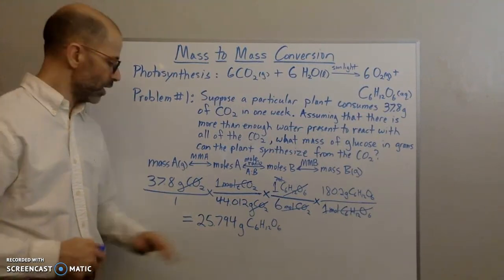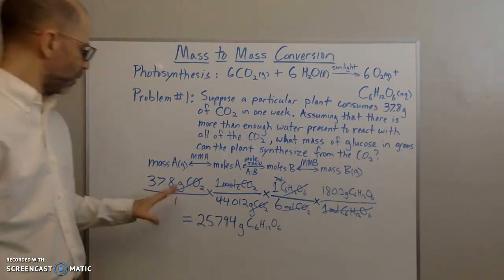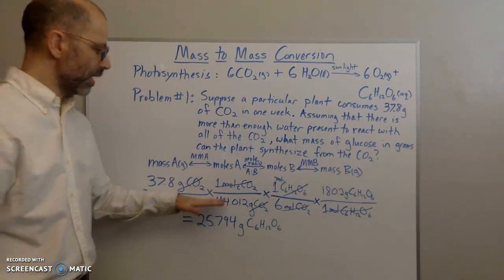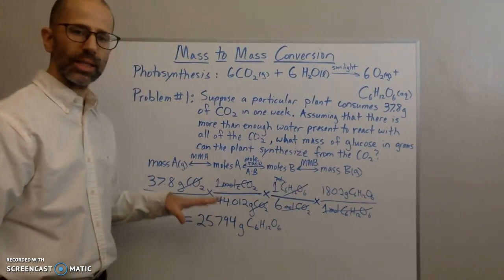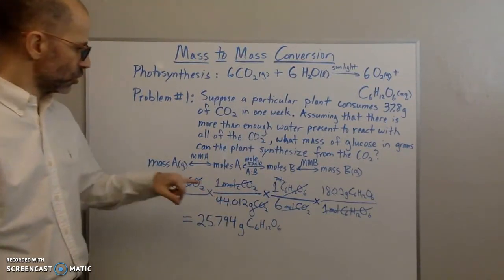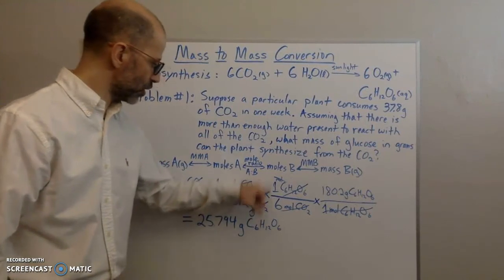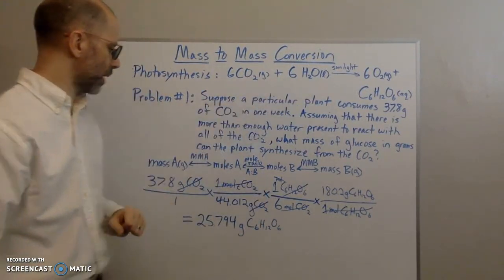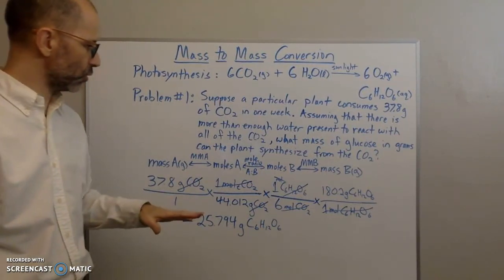Okay, but I'm not done yet because I need to figure out the number of significant figures in my answer. So once again, I go back to what I multiplied and divided by, and I need to eliminate or ignore anything that's exact. So the 1 to 6 ratio is exact because those are exact numbers from the balanced equation. So I don't need to worry about those.